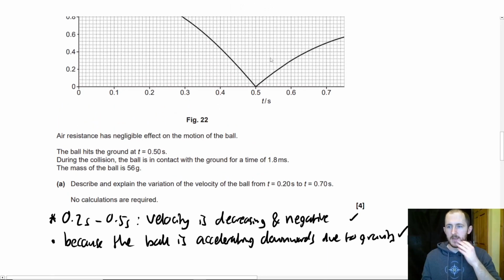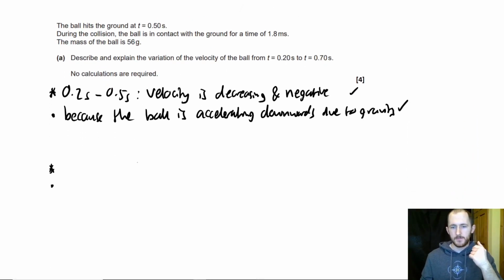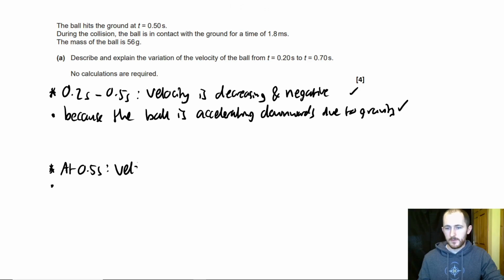Be really, really precise. Okay, and then it says the variation, right? So what I might say is at 0.5 seconds, what happens? Well, the velocity changes, right? And you can even get fancy, right? Instantaneously.